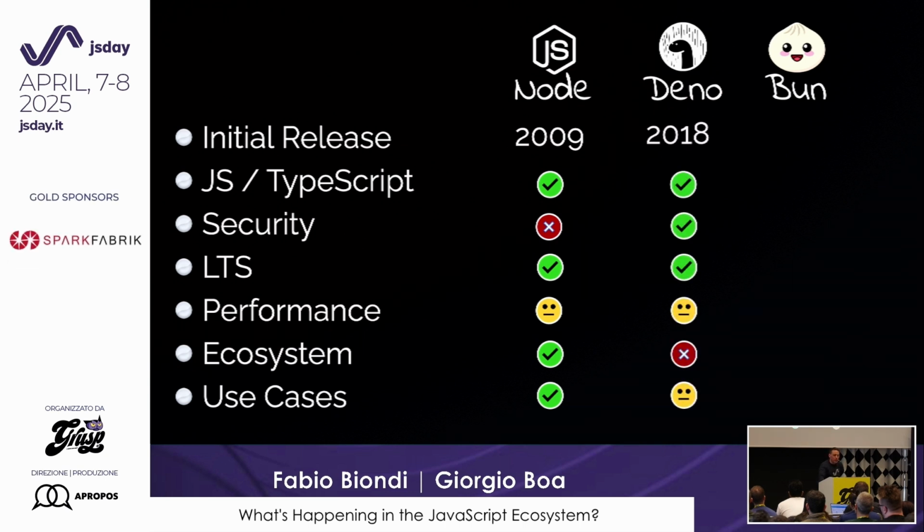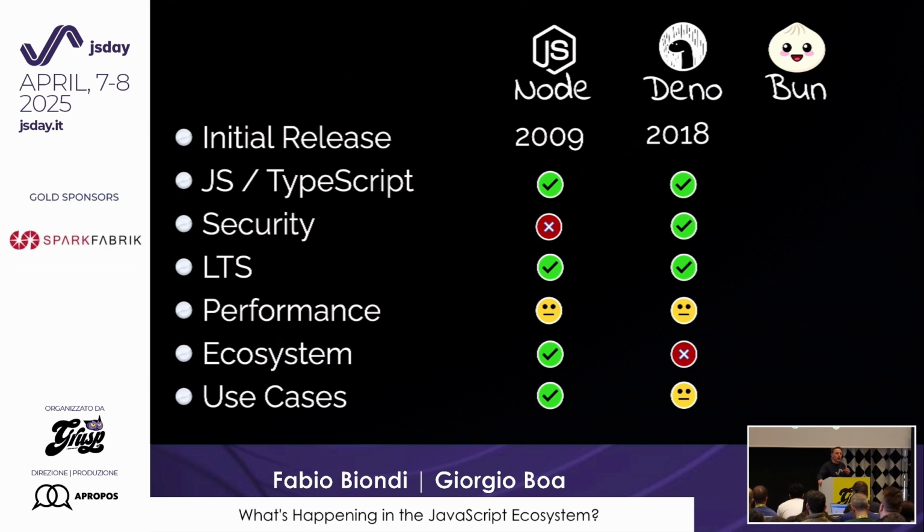Deno was invented in 2018, with TypeScript and JavaScript support. Security is something that is out of the box, because when you are installing something for Deno, if a package needs a post-install script, it's blocking this kind of life cycle for the packages.